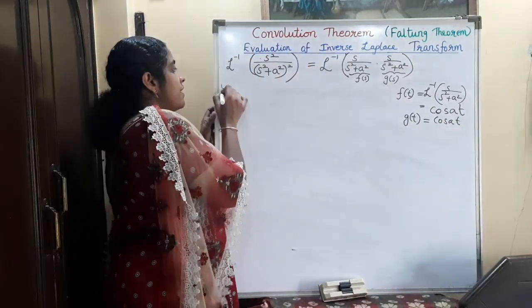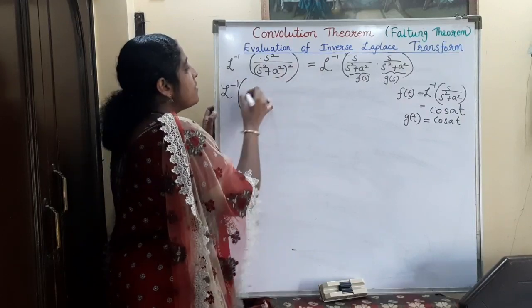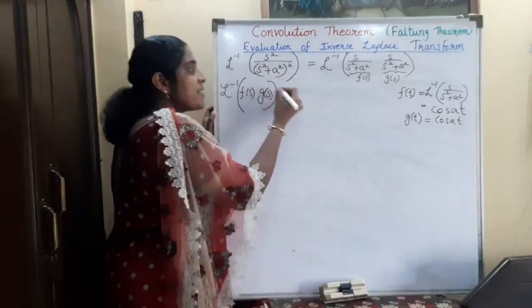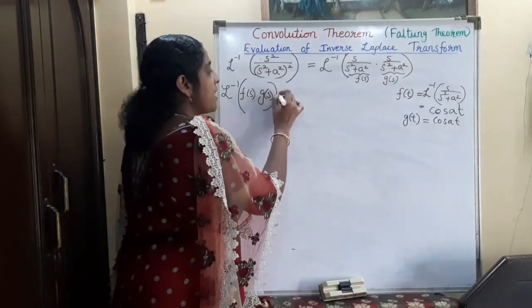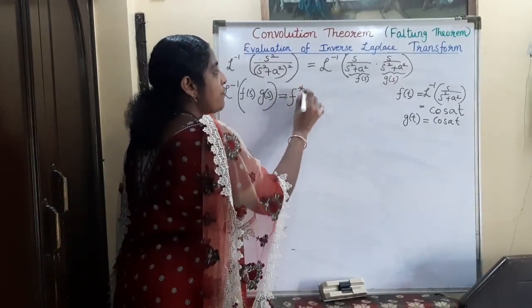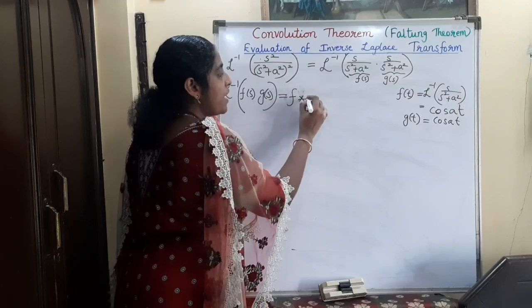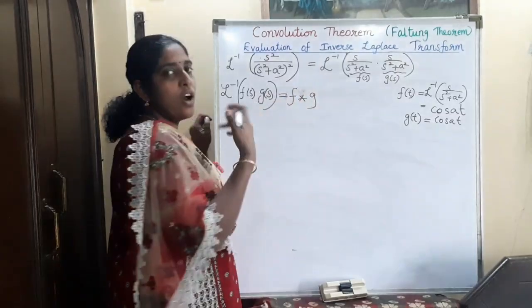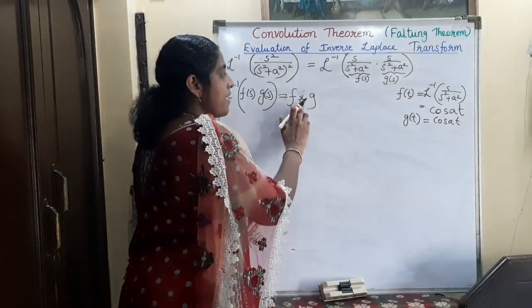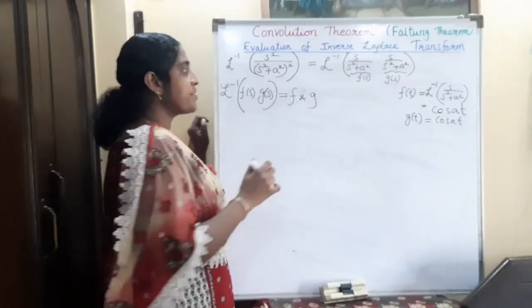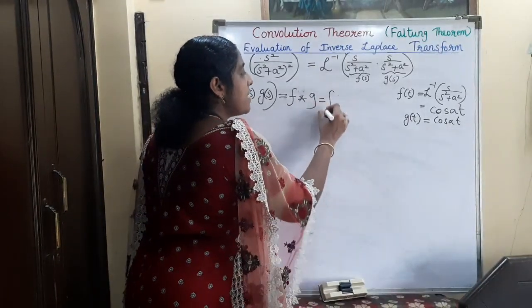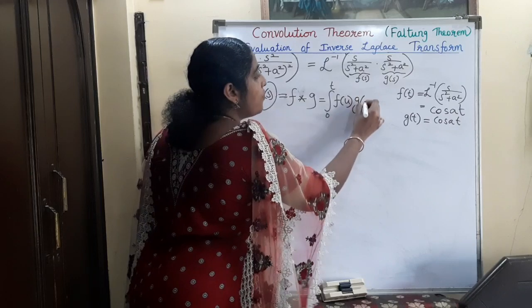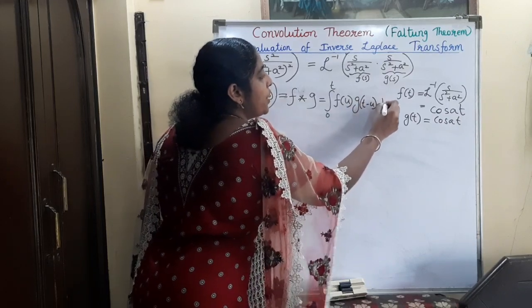So we can write this as Laplace inverse of the product of two Laplace transforms is same as, according to convolution theorem, the convolution of two functions f and g. Don't get confused, the star is not the complex conjugate. So this is f star g, the convolution of the two functions f and g. It is same as integral 0 to t f of u g of t minus u du.